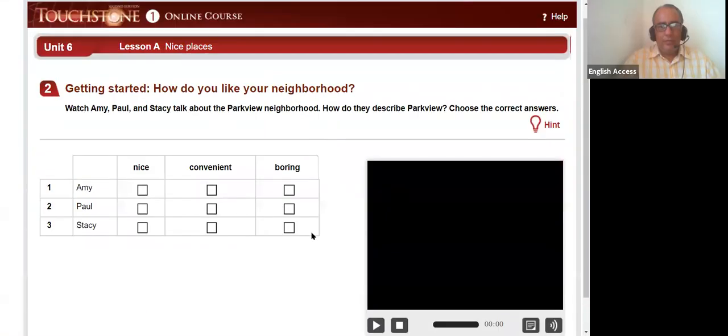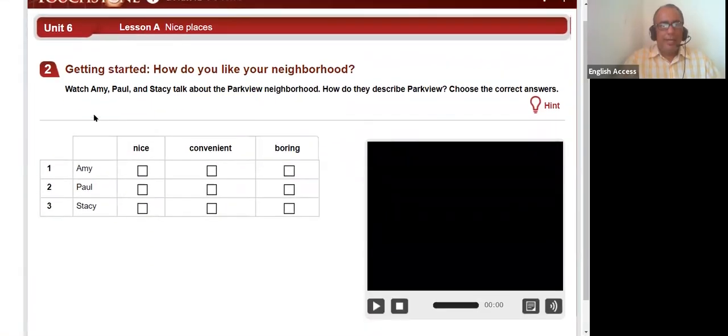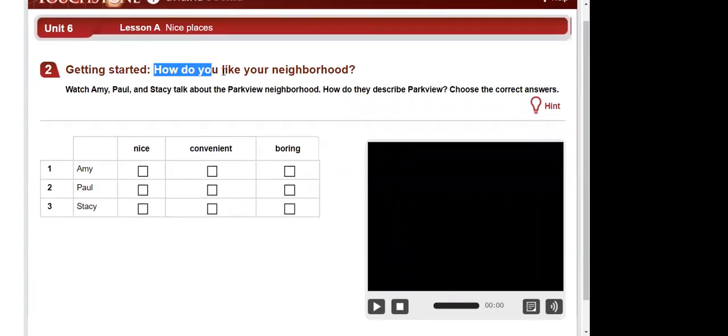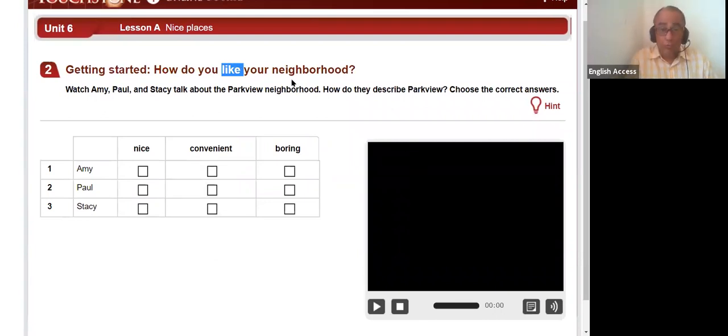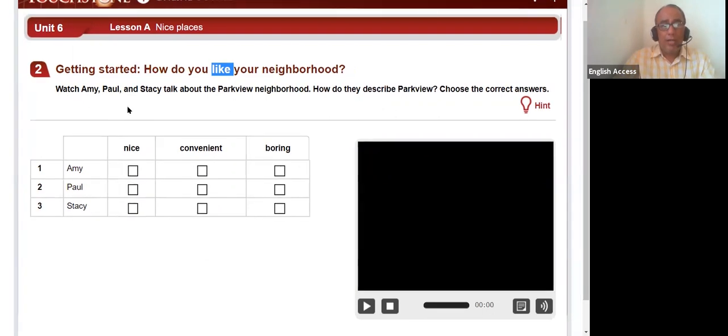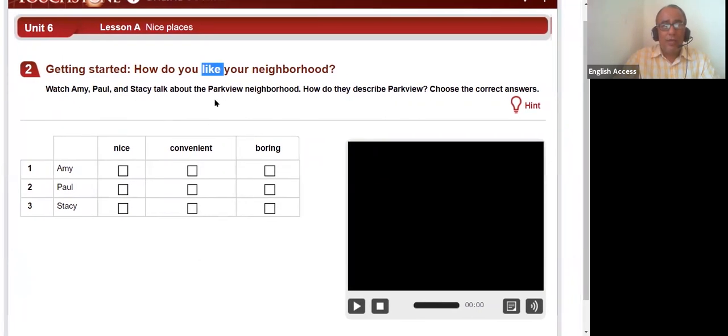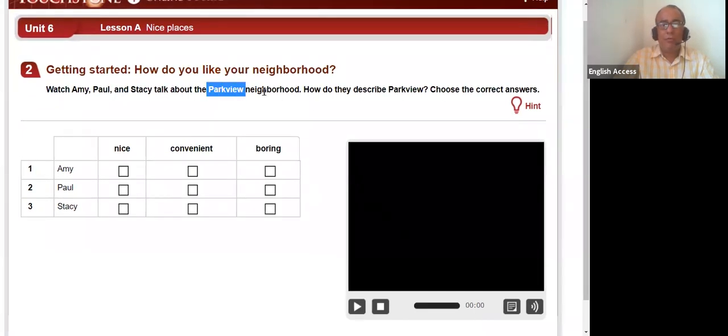Let's go for activity number 2. Getting started. How do you like your neighborhood? You see the question? How do you like your neighborhood? Here, like is to talk about preferences. Do you like your neighborhood? ¿Te gusta tu vecindario? It says, watch Amy, Paul, and Stacy talk about the Park View neighborhood. This is the name of the neighborhood.